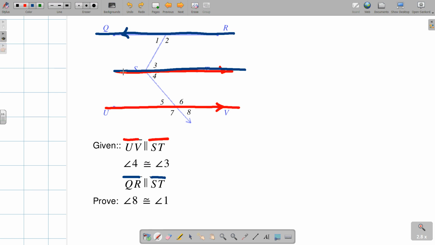Double, because that's our second one. Somehow we also know that 4 is congruent to 3. That's right there. Knowing that, we're trying to connect angle 8 to angle 1. That's our goal.